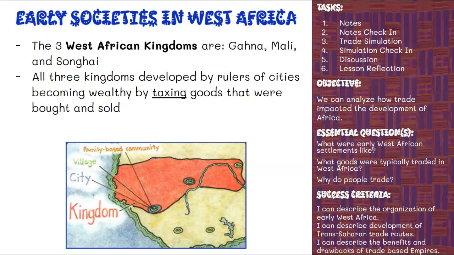All three of these kingdoms developed because as they ruled cities, they took over other locations, and they also started taxing goods that were being bought and sold within their areas, within their reign. Rule? Whatever, you get it. Where they're controlling, they're taxing. And with this, they become very wealthy.